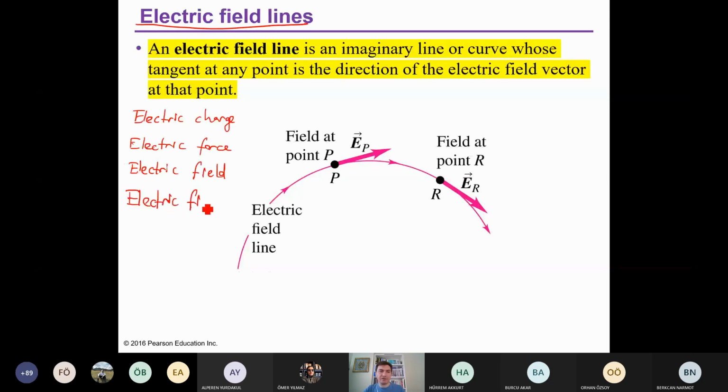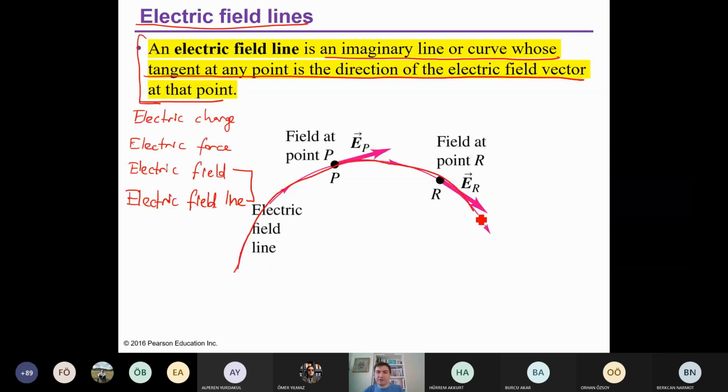These two terms are different. Of course, they are related to each other, but they are different terms. So this is the definition of an electric field line. An electric field line is an imaginary line or curve whose tangent at any point is the direction of the electric field vector at that point. So here we have an electric field line.